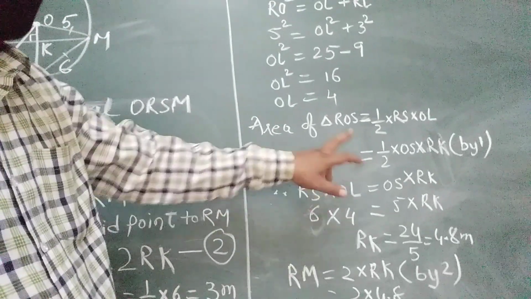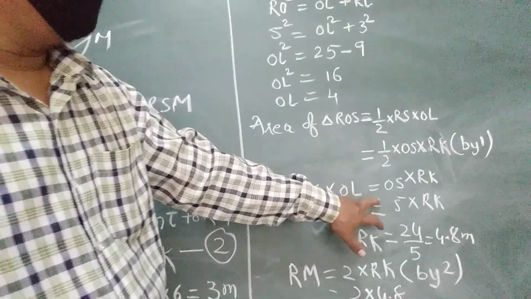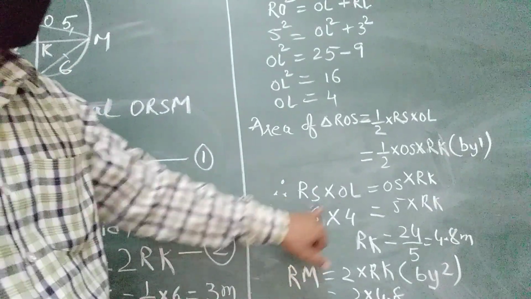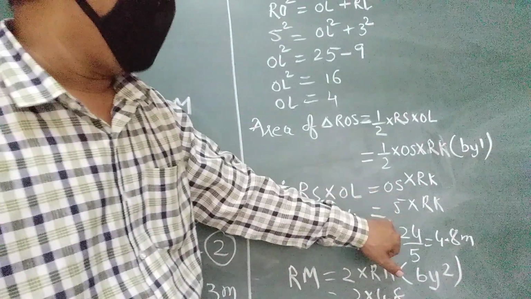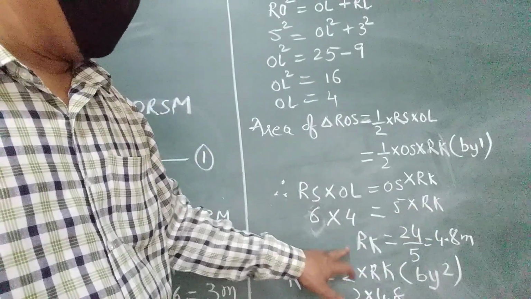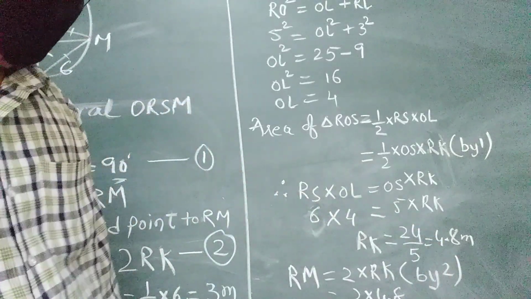Hence, cancelling half, the remaining terms give RS into OL is equal to OS into RK. Now RS is given 6, OL is 4, OS is 5 and RK is unknown. Hence, RK being the subject of the formula, 6 fours are 24 divided by 5 will give you 4.8 meter.